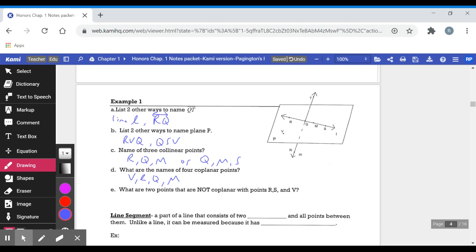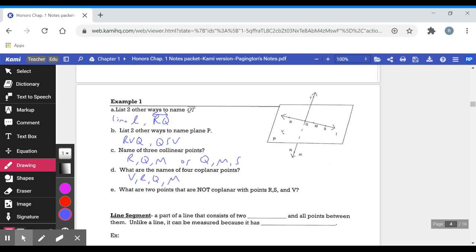And then on E, it says, what are 2 points that are not coplanar with R, S, and V? So if you find R, S, and V, that's the plane, in that parallelogram. And they're asking what are 2 points that are not in that plane. Well, if you think about it, this picture is like a sheet of paper with a pencil stuck through it. Point T would be up at the eraser of the pencil, and point N would be down at the tip of the pencil.